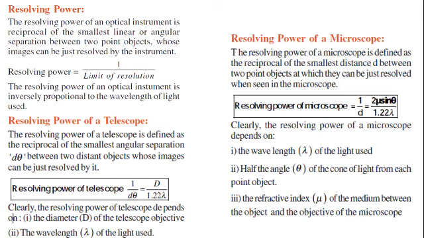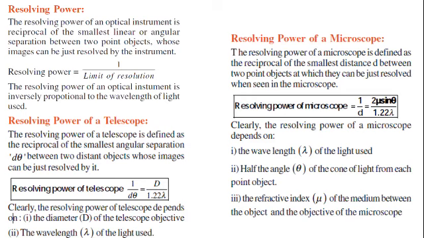In Fresnel, we won't use any convex lenses, and in Fraunhofer, we will use convex lenses. Coming to the next, the width of the central fringe is equal to 2 lambda D by d.